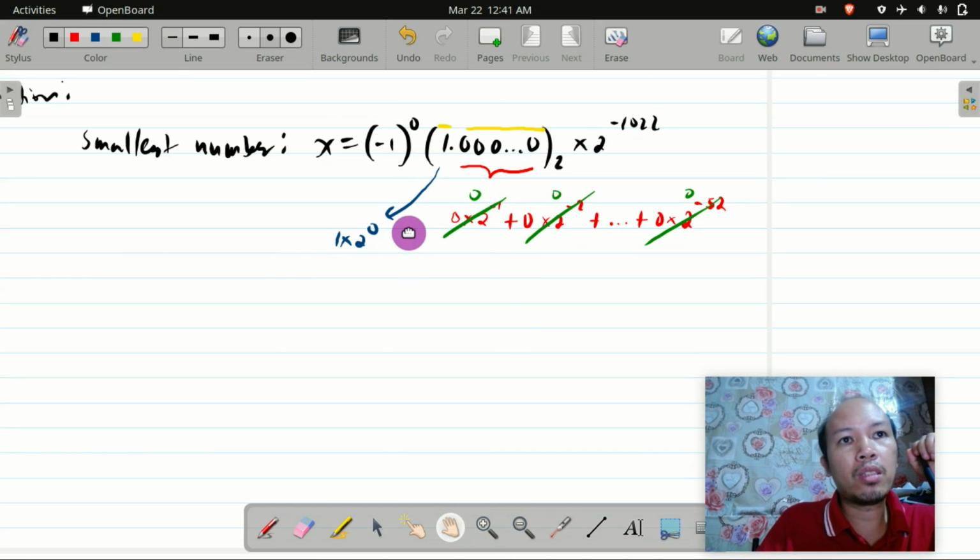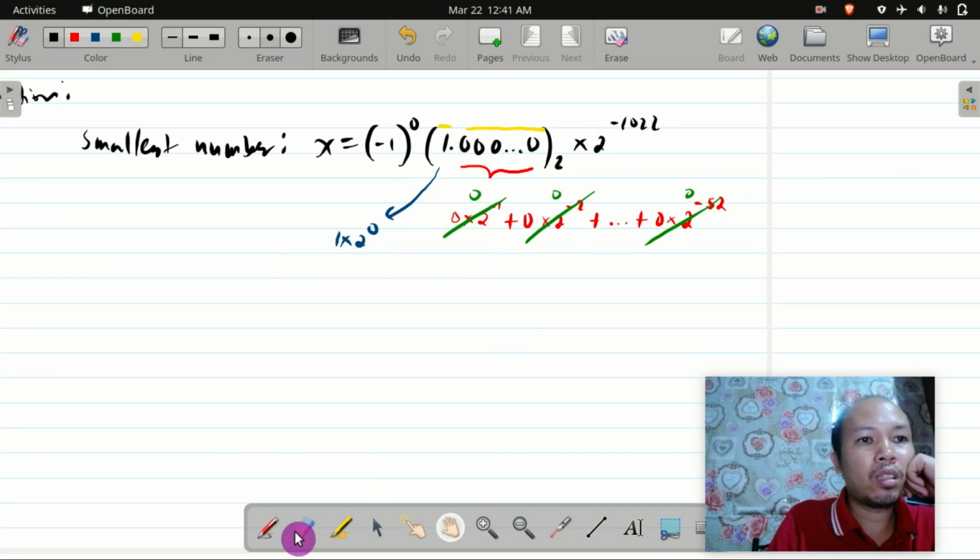You can write it as 1 times 2 to the 0, which is 1, plus 0, because all these things here are 0.